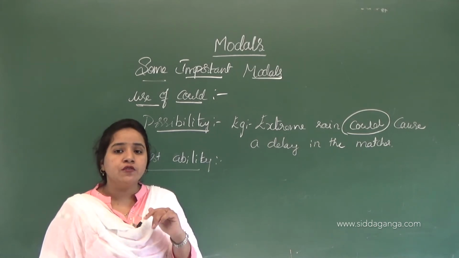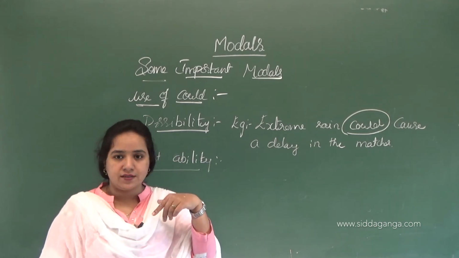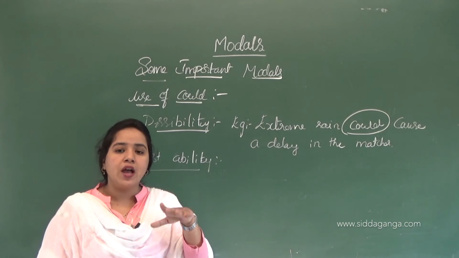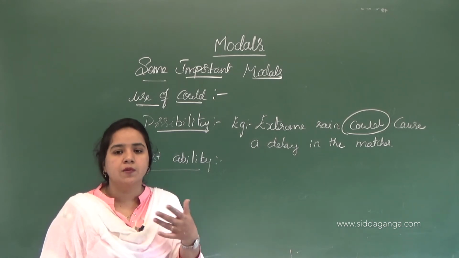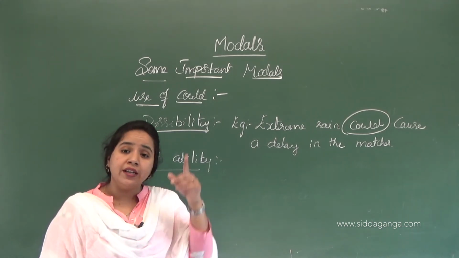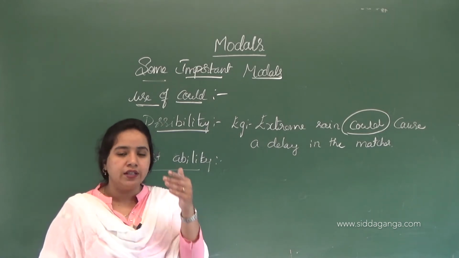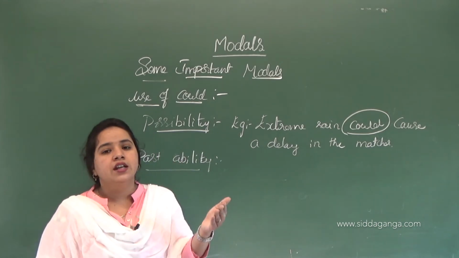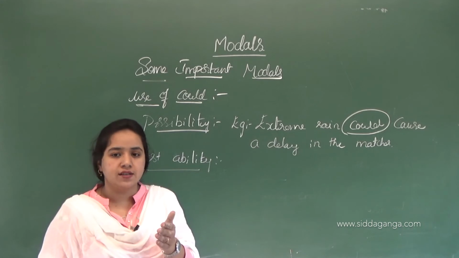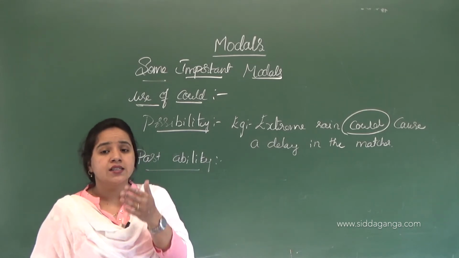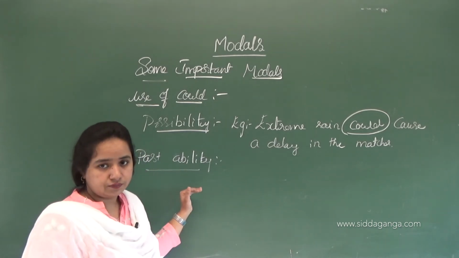But if you did something in the past, like dancing or singing or playing, you did it in the past but not in the present, so that action goes to the past tense. In that case, you can use could here.